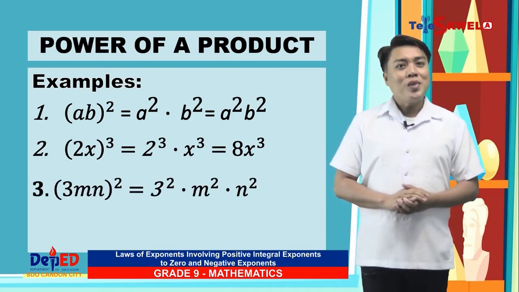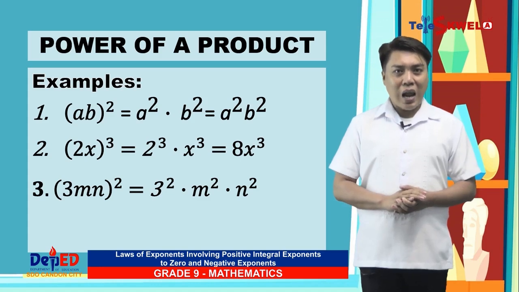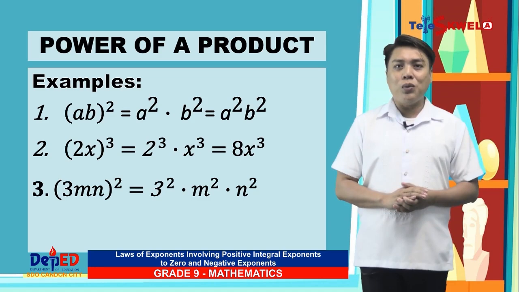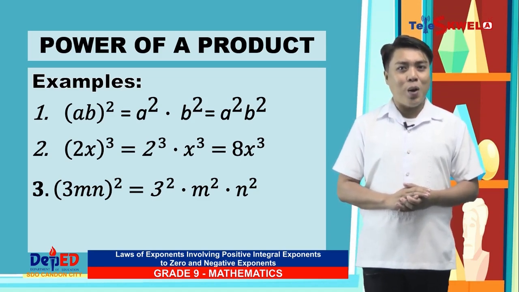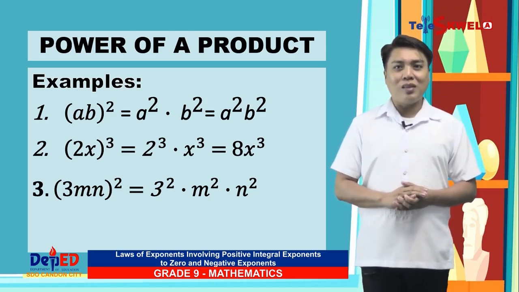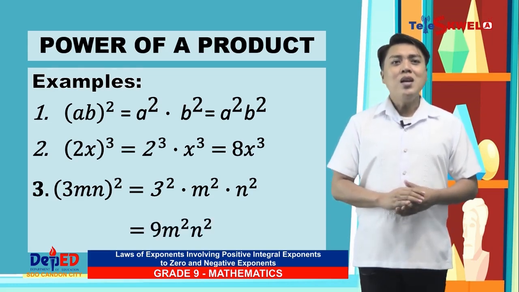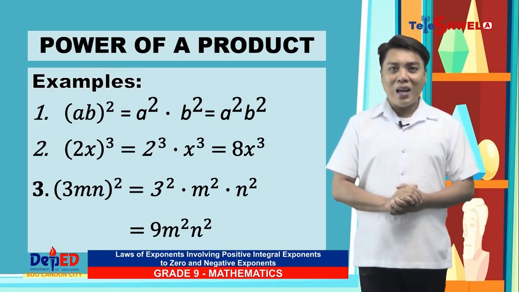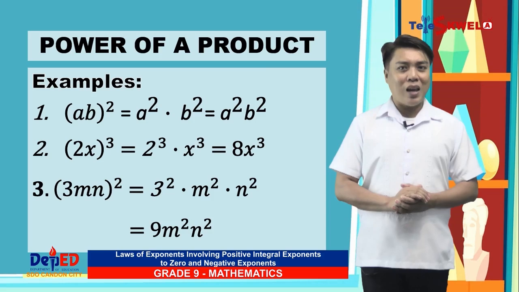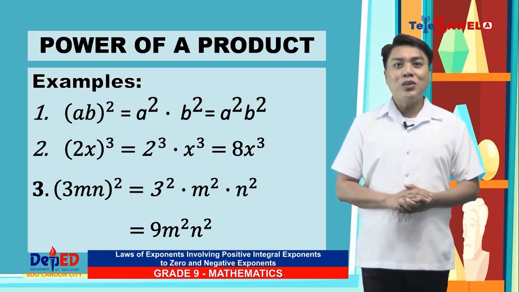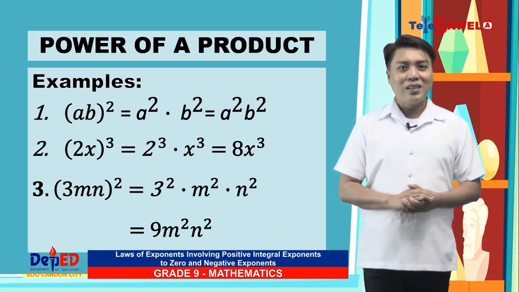Number 3, the quantity 3mn raised to the second power is equal to 3 raised to the second power times m raised to the second power times n raised to the second power is equal to 9m raised to the second power n raised to the second power. Remember to raise each factor inside the parentheses to the given power.